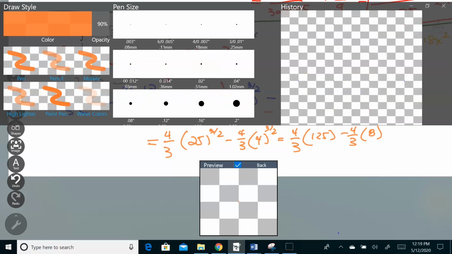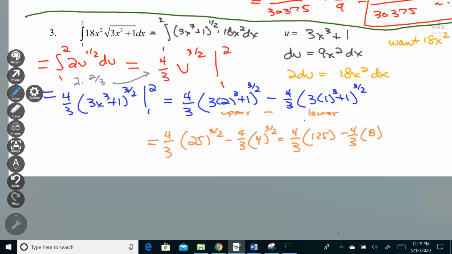And I'm going to change colors here, which equals 500 over 3 minus 32 over 3, which is 468 over 3, which is exactly 156.